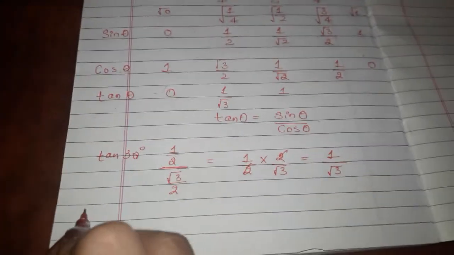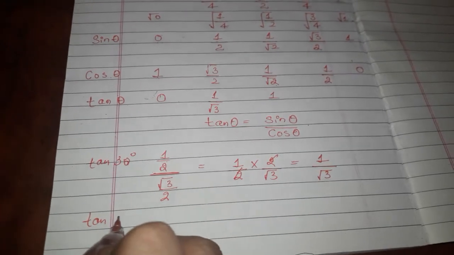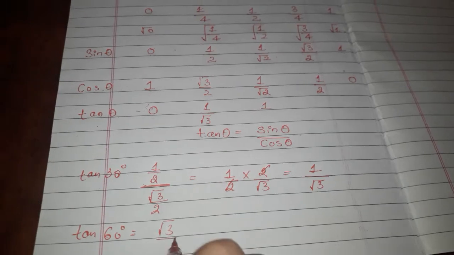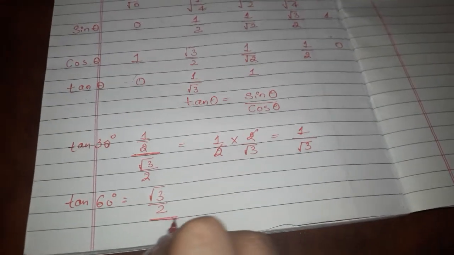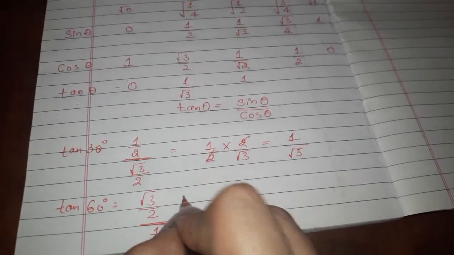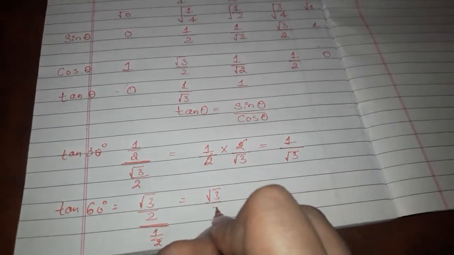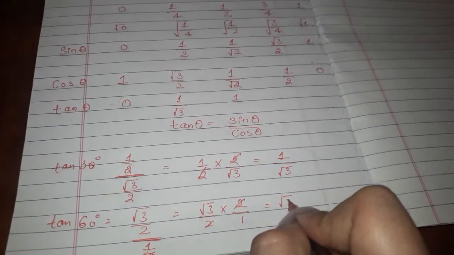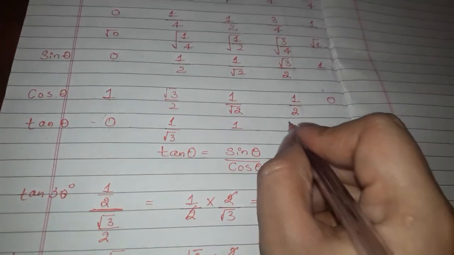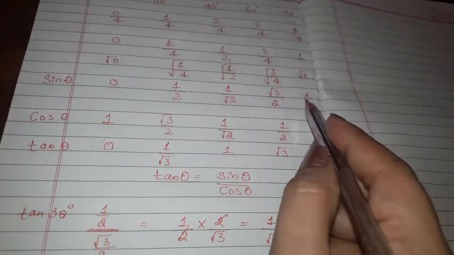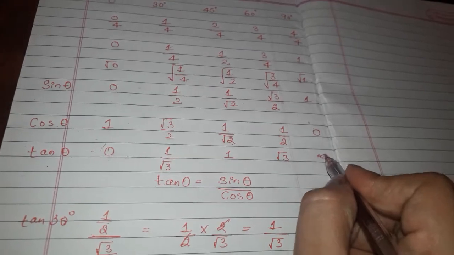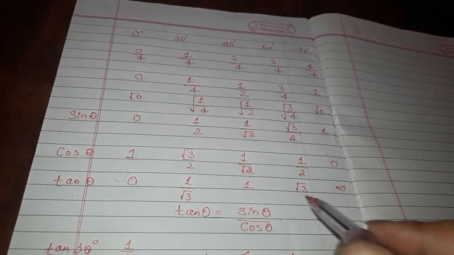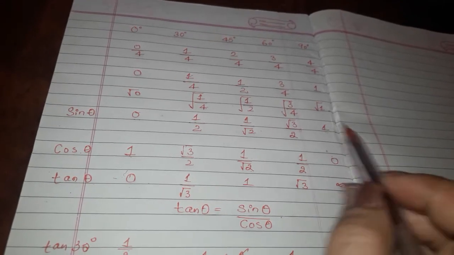Now, for tan 60 degree, we will have to divide under root 3 upon 2 by 1 upon 2, that is under root 3 upon 2 into 2 by 1, it will come out to be root 3, and 1 by 0 will be infinite value. These were the values for tan theta, sine theta and cos theta.